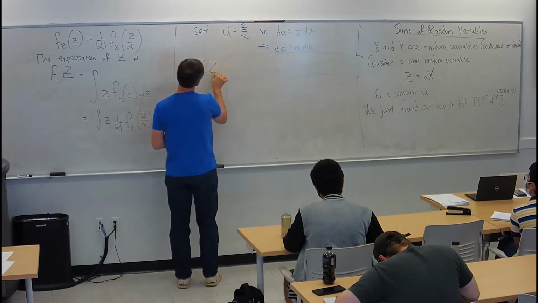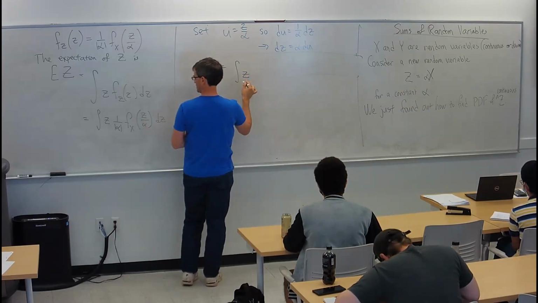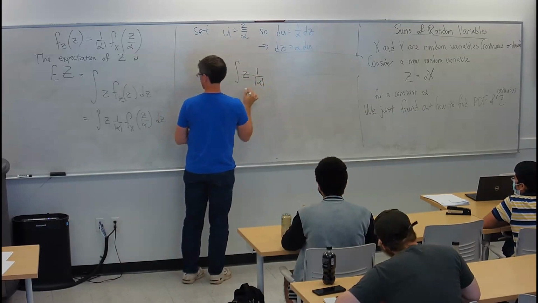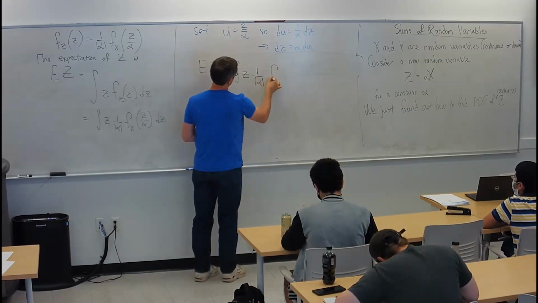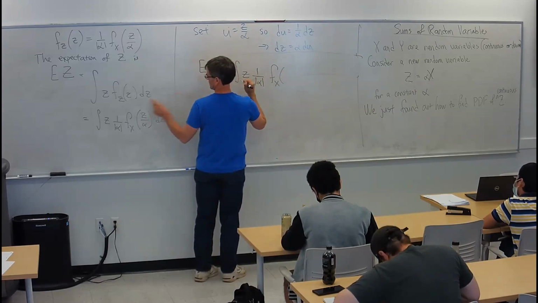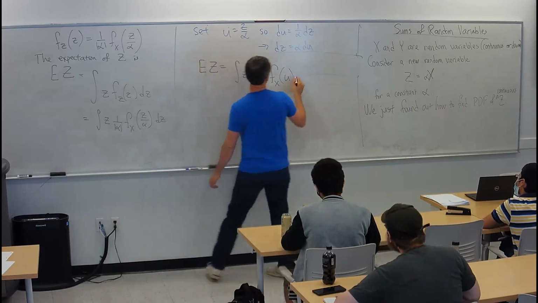So EZ is now the integral of z, 1 over alpha, fx of u times alpha du.